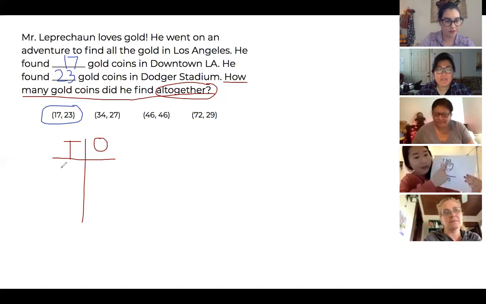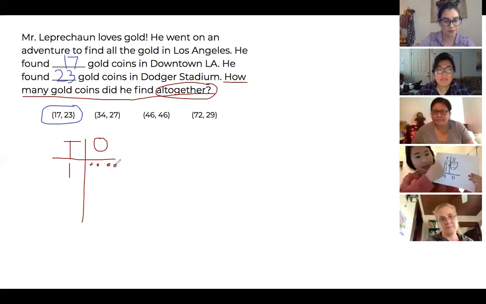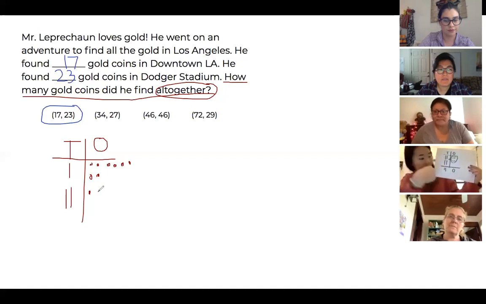And then I counted the ones after that and I realized, oh, there's 10 ones. But I know I can't have 10 ones because I can convert the 10 ones into an actual 10. And so I circled it and then I moved it over to the tens place and I added an extra 10 there. So then I counted how many ones I had, which was 0. And then now I have 1, 2, 3, 4 tens, which gives me the number 40.